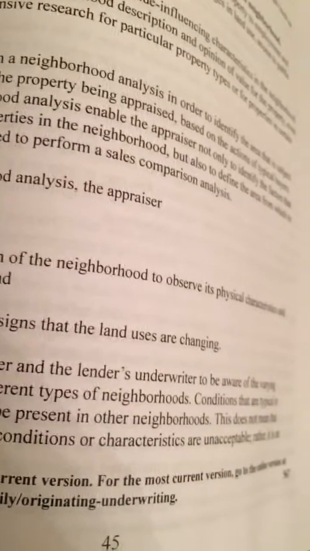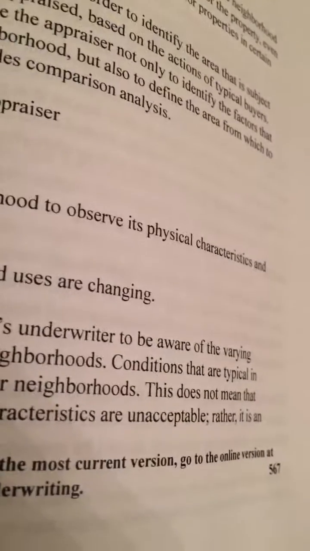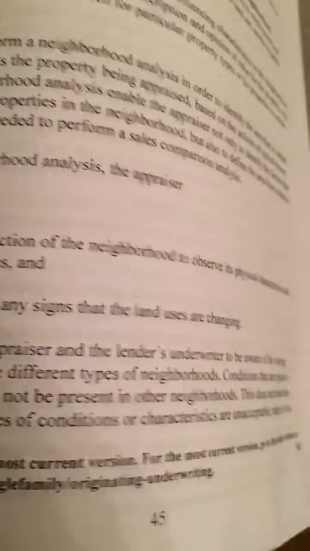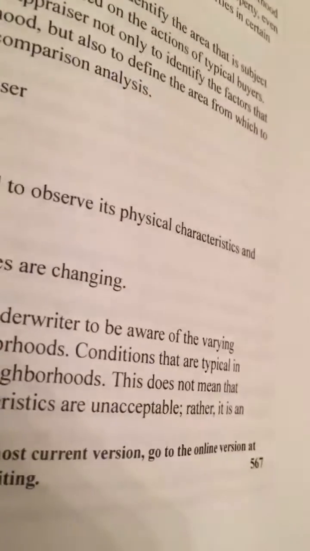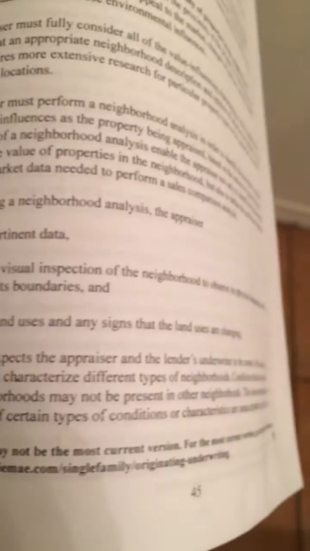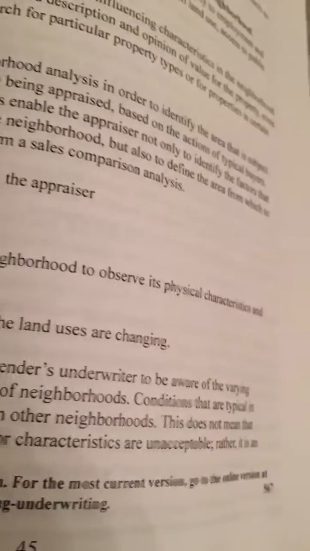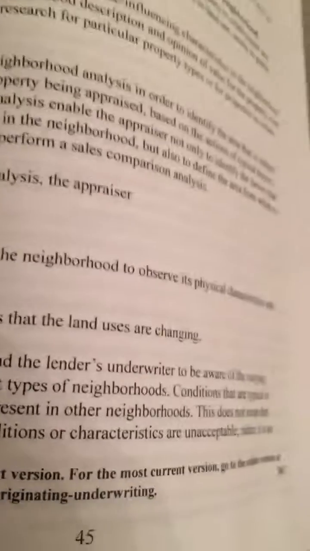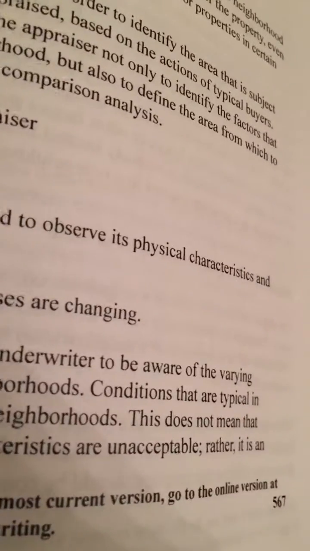Fannie Mae expects the appraiser and the lender's underwriter to be aware of the varying conditions that characterize different types of neighborhoods. Conditions that are typical in certain neighborhoods may not be present in other neighborhoods. This does not mean that the existence of certain types of conditions or characteristics are unacceptable.